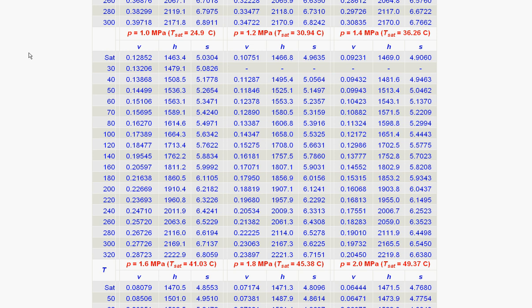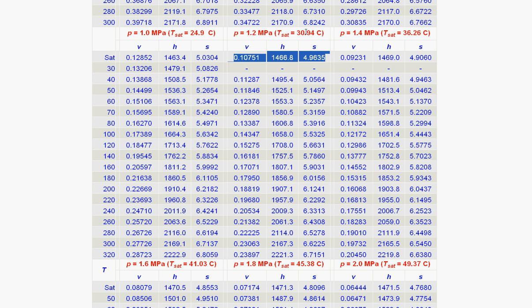So anything below this threshold, ammonia is going to be within the vapor dome. Anything above it, it's going to be a superheated gas. So that's what this little SAT is right here. Just substitute the SAT with whatever the saturation temperature is for each table. So for this first table, it's going to be 24.9. And for this next table, it's going to be 30.94 degrees Celsius. And so on and so forth.